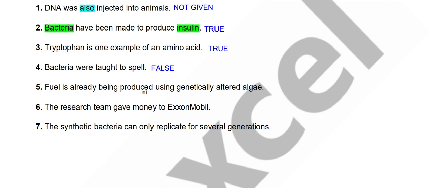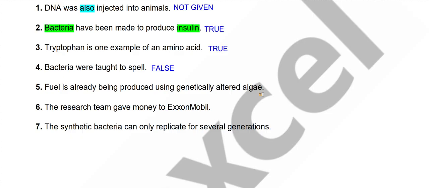Fuel is already being produced using genetically altered algae. So the question will be true when we are producing fuel by altering algae, like we are inserting some sort of genes, or we have modified the structure of algae and it is used to produce fuel.